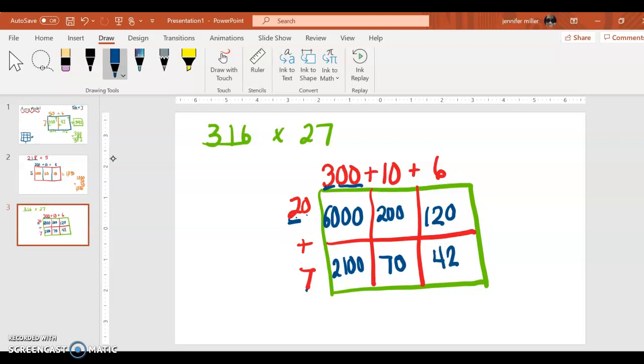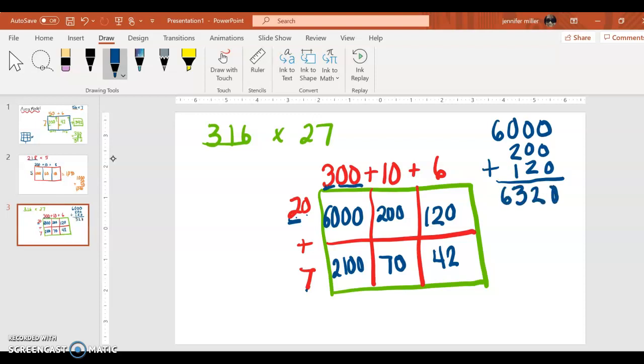Now, these are definitely not products that I can add mentally. And because I don't want to make any mistakes, I'm not going to try to line those 6 numbers up. I'm going to do them in sets of 2. I could do those mentally, but I'm going to come up here and say 6,000 plus 200 plus 120. And it's really important that you keep your place value lined up.